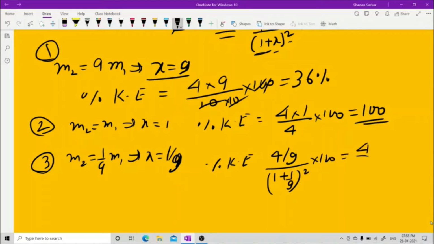That makes 4 by 9 into 10 square upon 9 square into 100. This 100 and this 100 go out, and this 9 and this 9 go out, and you get 36%.